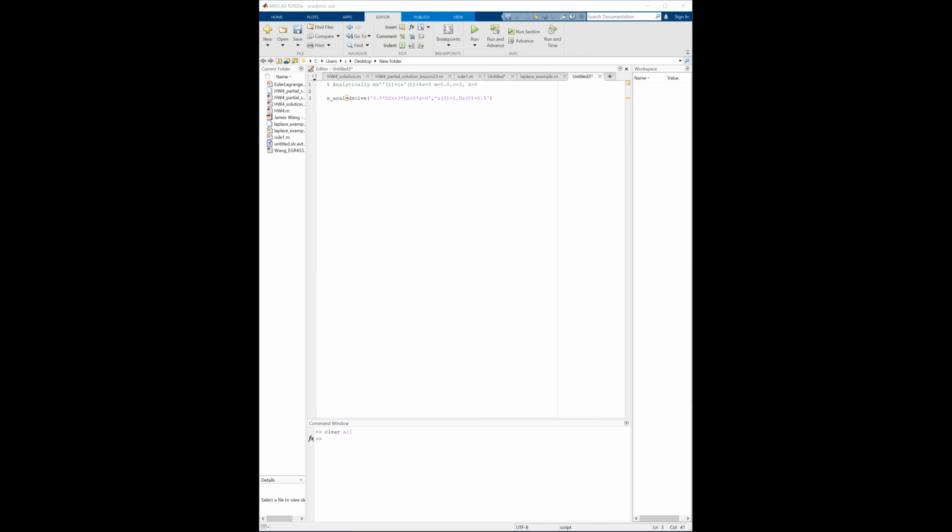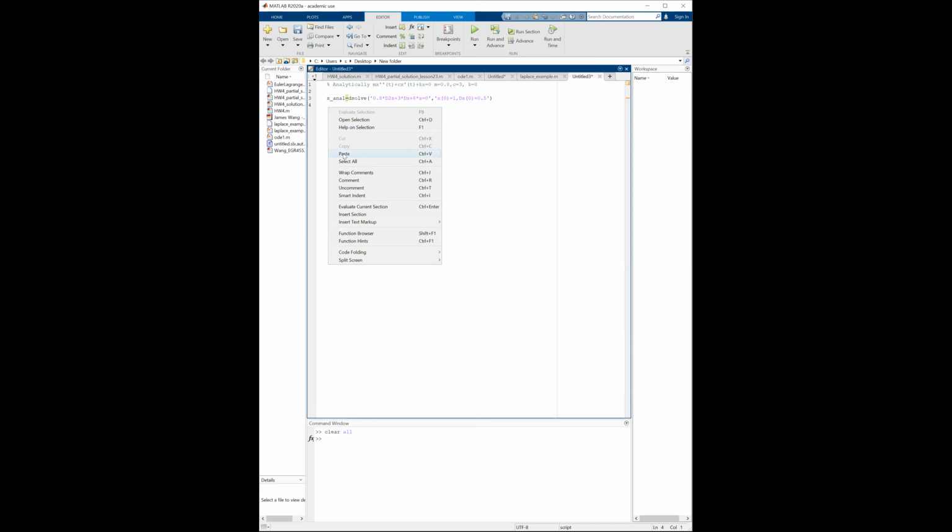Now I want to create a figure and plot the solution. This equation will be evaluated symbolically. So I'm just going to create one figure, say figure 1, and plot the solution. I'm going to give the time span 0 to 3, and then the range for the y values.